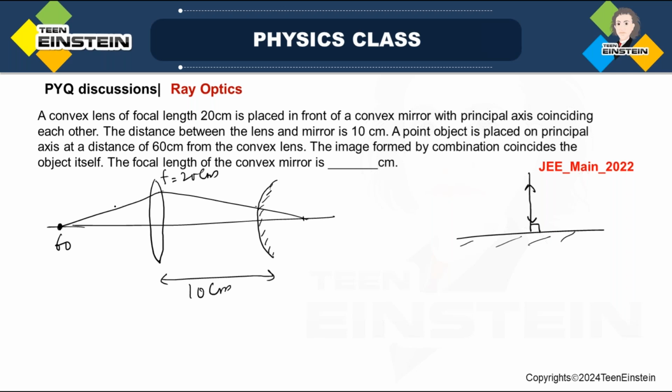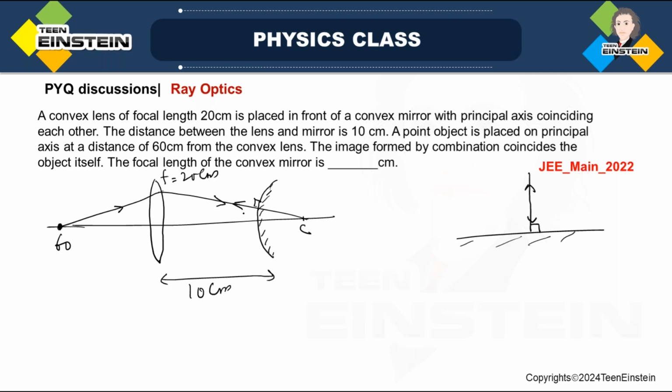So look, if this ray after refraction passes through the center of curvature of this mirror, then it is reflected back, tracing back the same path, because a ray passing through the center of curvature will always be perpendicular to the surface of this mirror.